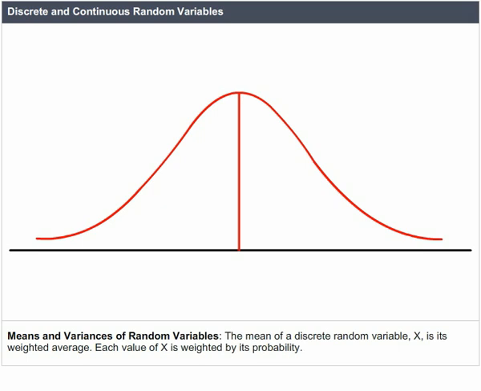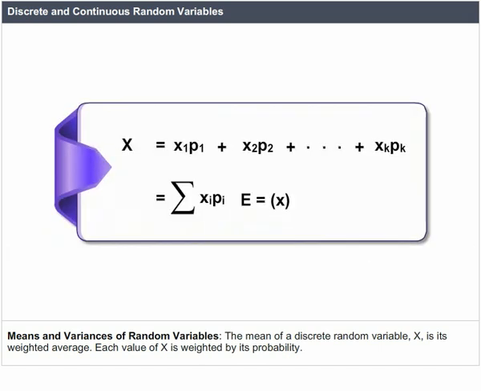Means and variances of random variables. The mean of a discrete random variable X is its weighted average. Each value of X is weighted by its probability.